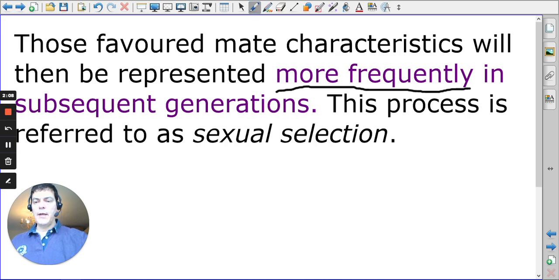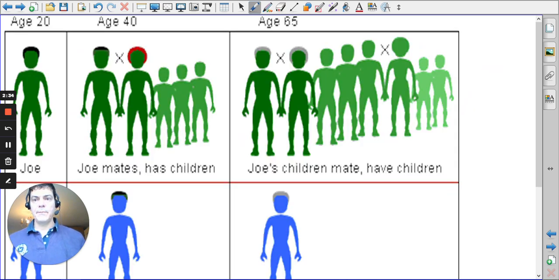Not to say anything about any particular characteristics, but we do find, for example, that the United Kingdom has a much higher proportion of its population with ginger or red hair, so we have to expect that characteristic was favorable, and there's more of that trait in subsequent generations. This is called sexual selection.